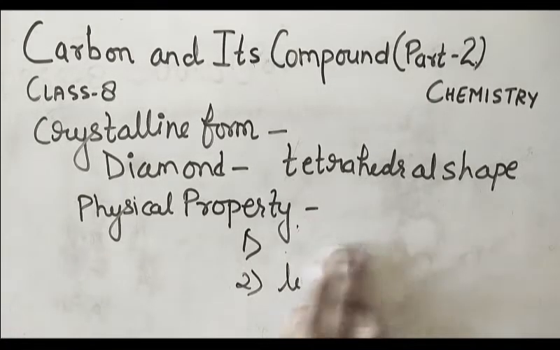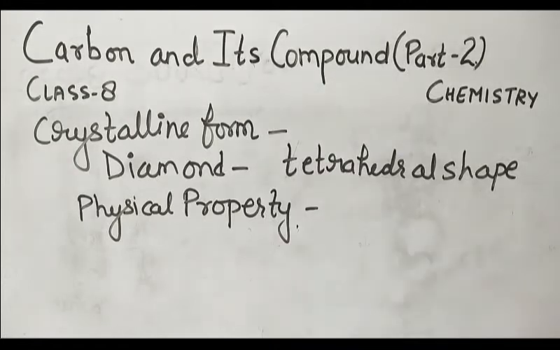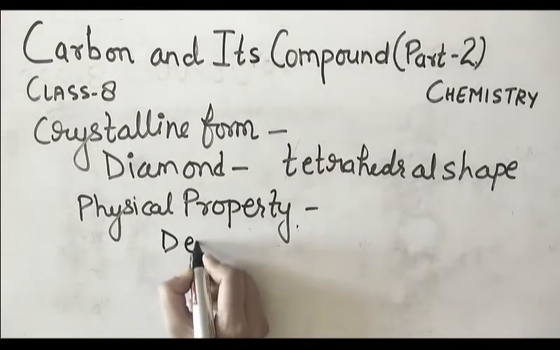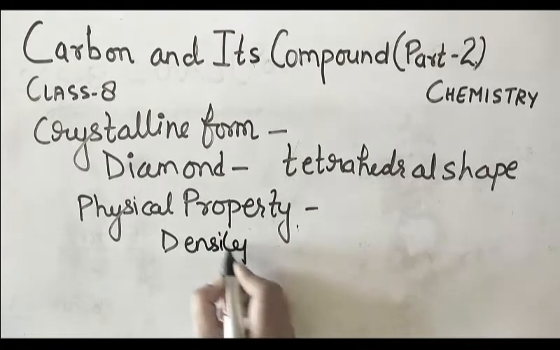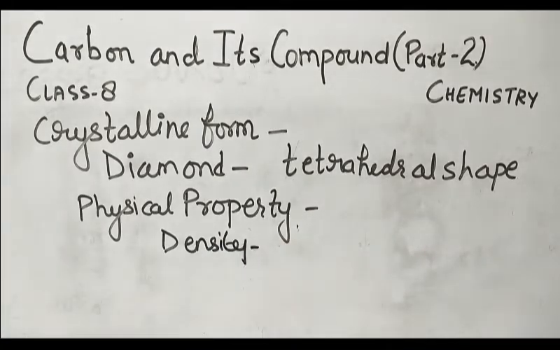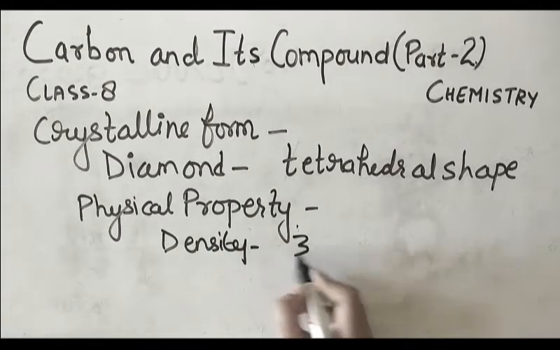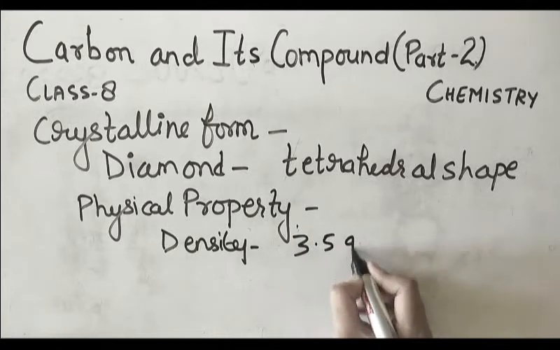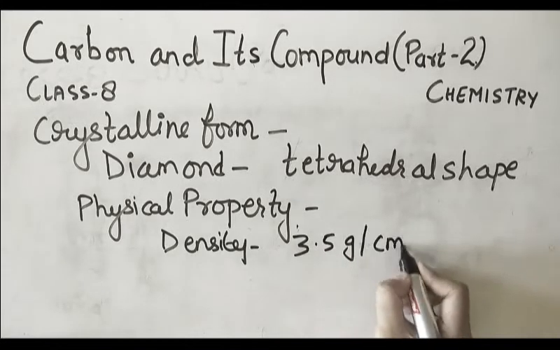Now let us see the density of diamond. The density of diamond is 3.5 grams per cubic centimeter.